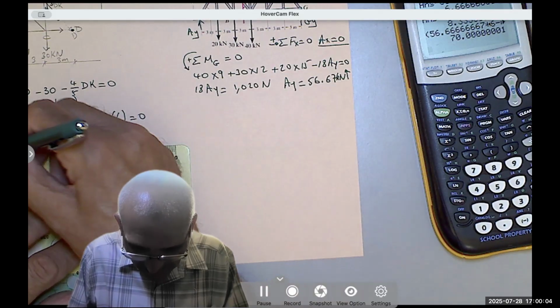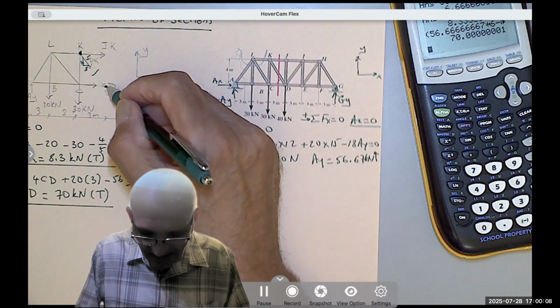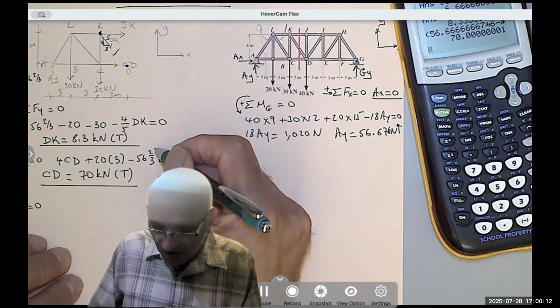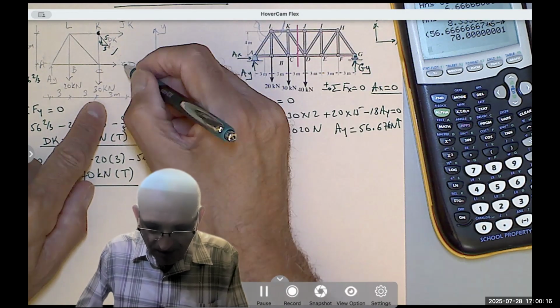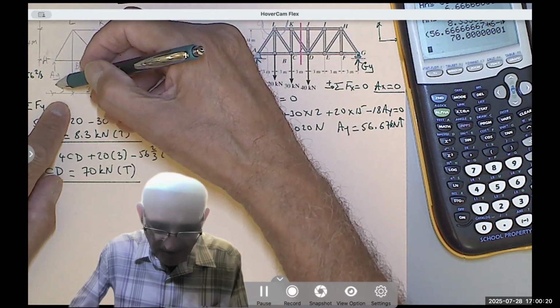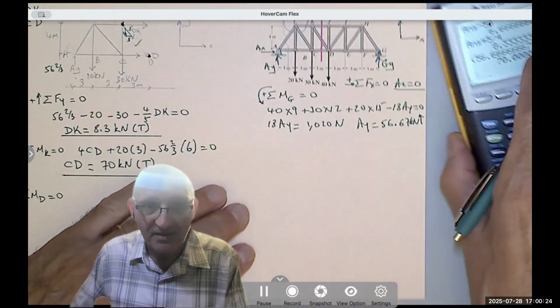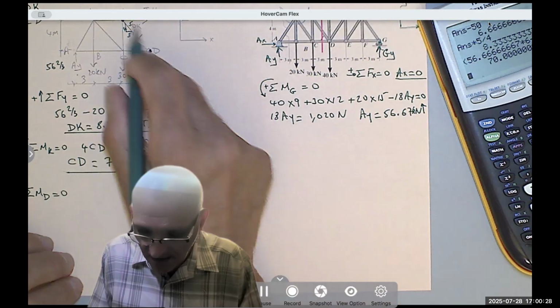As I said, the last equation, since these two members intersect at D, I'm going to take the moment about D. So I have JK rotating clockwise. The 30 now produces a counterclockwise moment about D. The 20 is producing a counterclockwise moment about D, and the AY still produces a negative or clockwise moment about D. So let's write everything.